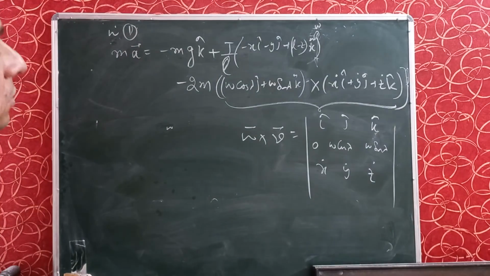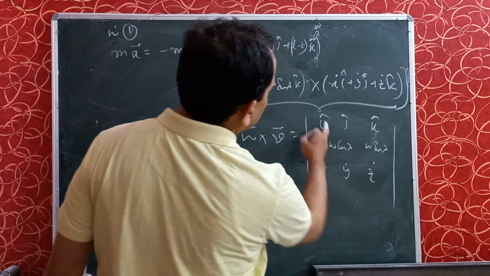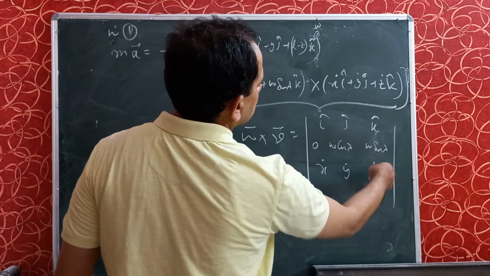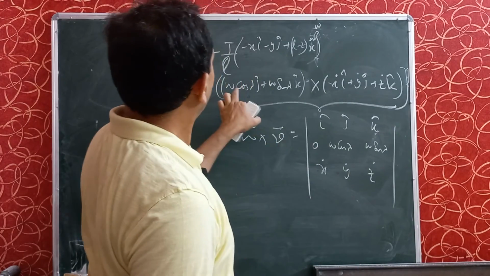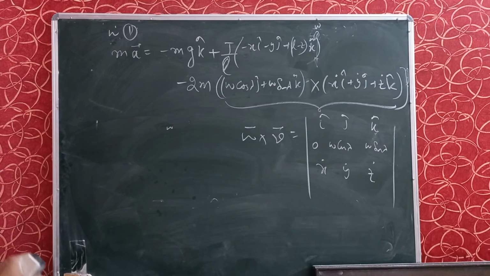You can find the value of this determinant: i into this one, j into this, and k into this, and put the value here. So this is our main equation which is obtained. We will study the rest of this part in the next lecture. Okay, thank you very much.